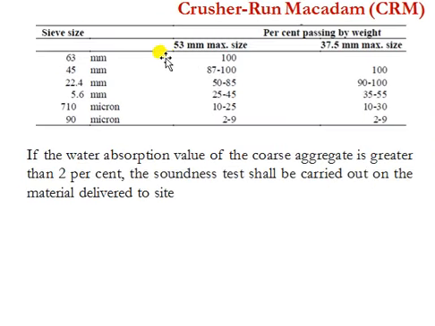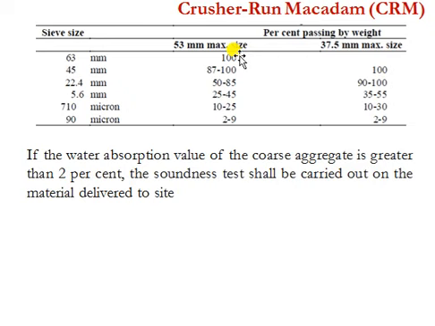So here is a table which specifies the requirement for the material. We have sieve sizes with 53 mm maximum size and 37.5 mm maximum size, and percentage passing by weight. The percentage passing by weight through 63 mm sieve should be 100% for 53 mm size, and for 37.5 mm size there is no specification.